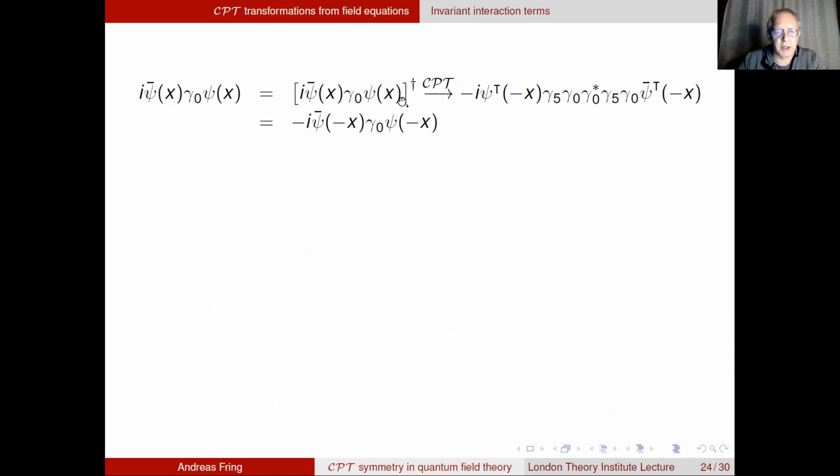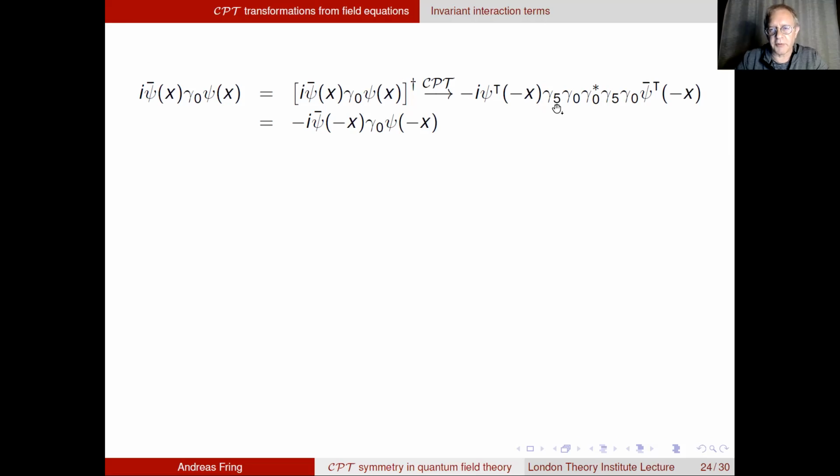First of all, you can check that it's Hermitian, and then we transform with CPT, and we see now that we pick up a minus sign from the i. We replace the psi bar by psi transpose at -x.